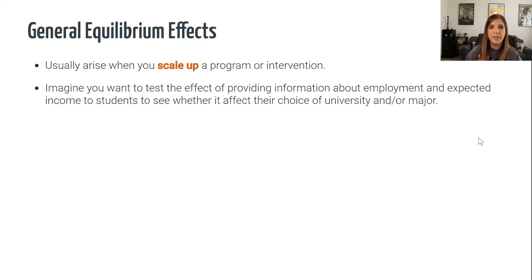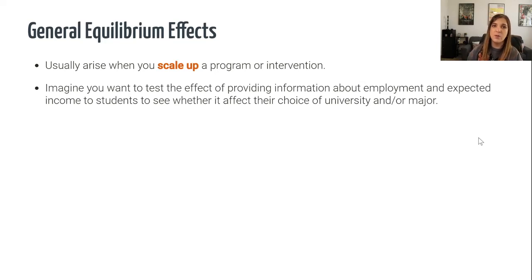Okay, so this is very common. You want to provide information to students. Think about, even within one university, expected employment and income. If you do so for a small group of students, this could actually have important effects.